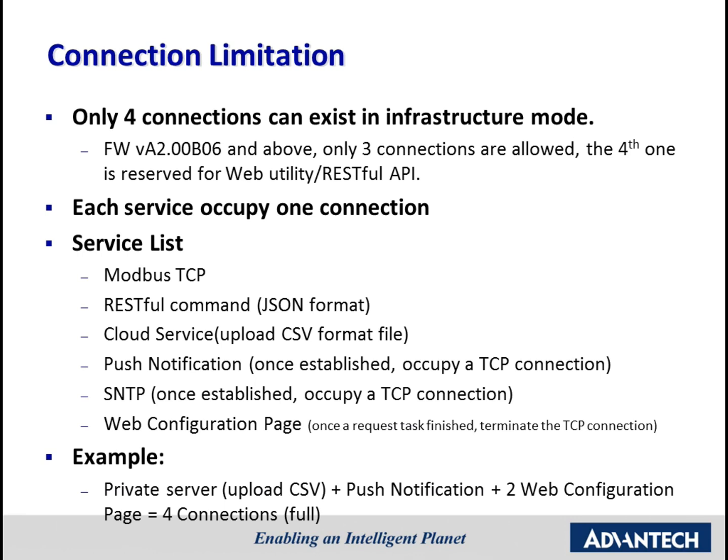If the customer uses the following services: private server plus push notification plus 2 web configuration pages, based on the rule I have mentioned, 1 plus 1 plus 2, the answer is that 4 connections exist now. It means that if the customer wants to add one more service, this service will not be allowed.